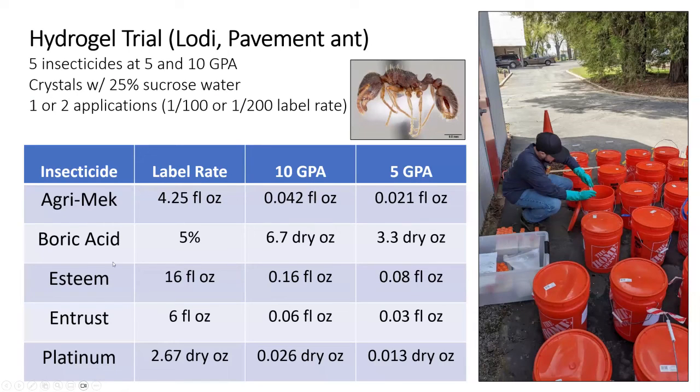And we've tested in the first year different active ingredients, Agromek, boric acid, Esteem, and Trust Platinum, mixed with 25% sugar water, very low label rates. Very low rates, so 1/100th to 1/200th of the label rates for these products.